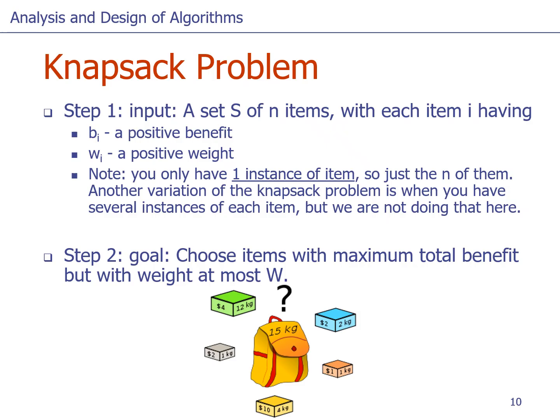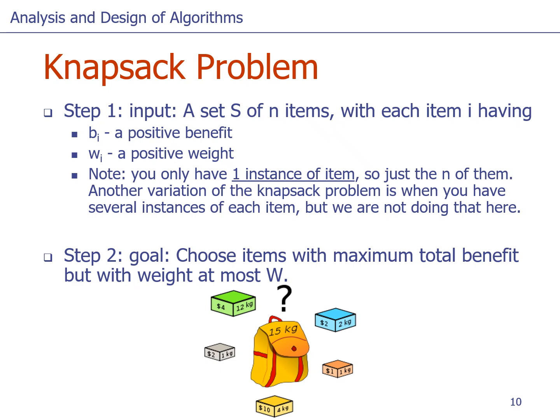Step number one, you have to state or come up with the configuration, your input, and in this case, it's very visible, it's very clear, it's going to be my items. So I have here input is the set S of n items, where each item has some positive weight and some positive benefit, okay? I'm just trying to be a little bit formal here by saying that it's positive benefit and positive weight, but obviously this is common sense.